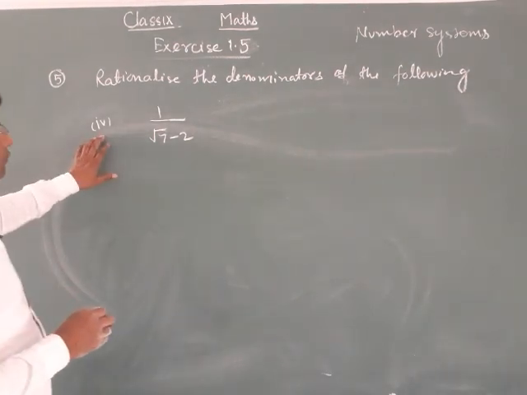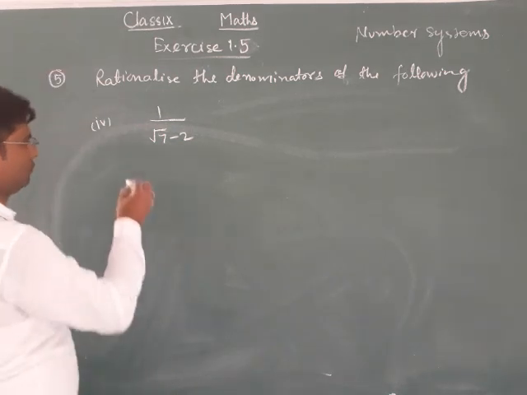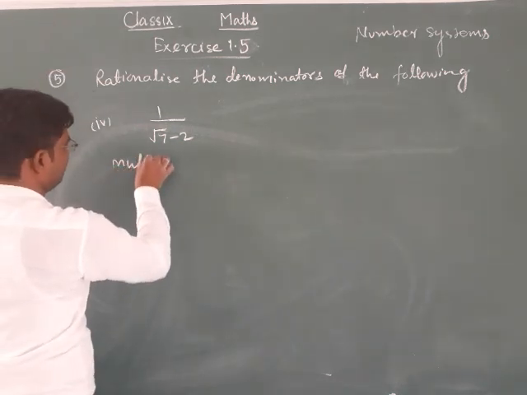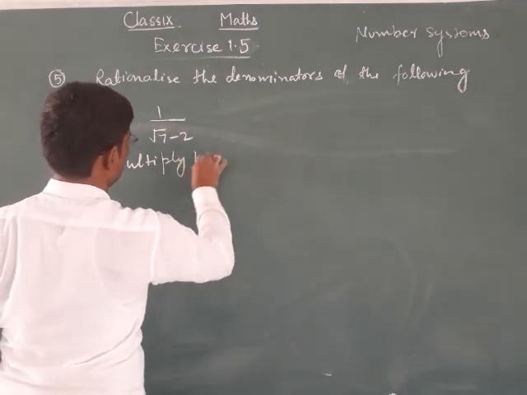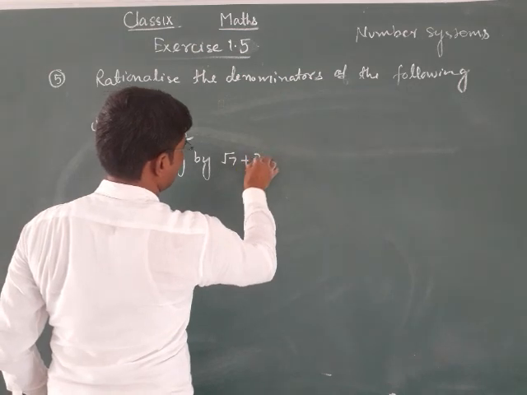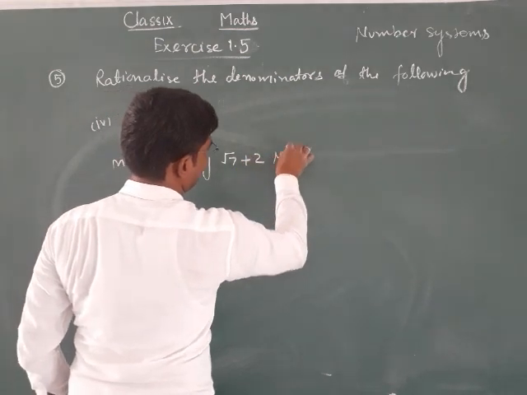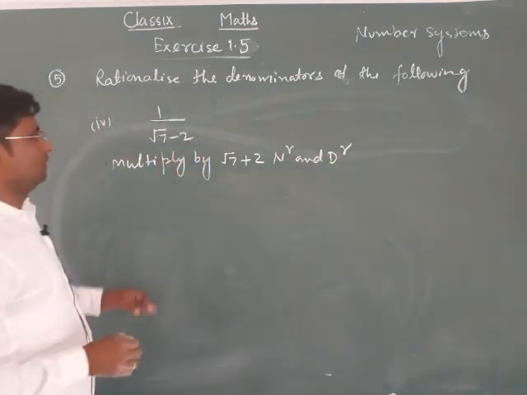And also the fourth part, 1 upon root 7 minus 2. We multiply by root 7 plus 2 in the numerator and denominator.